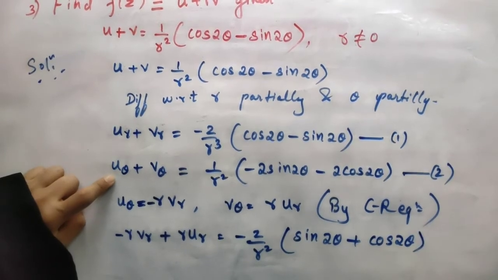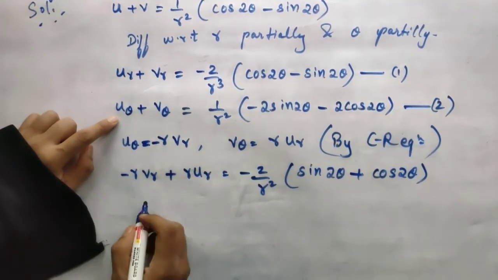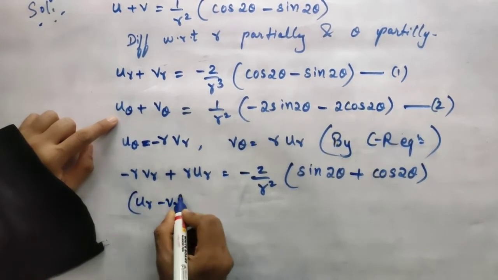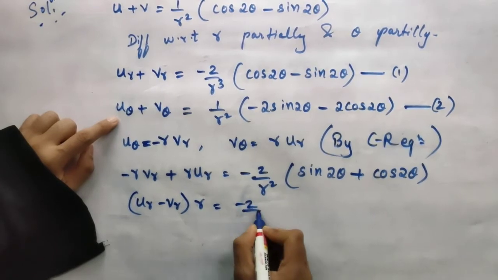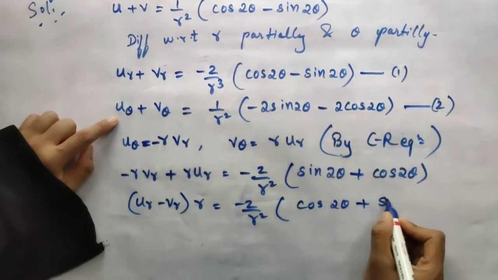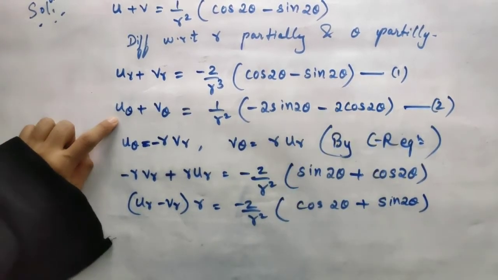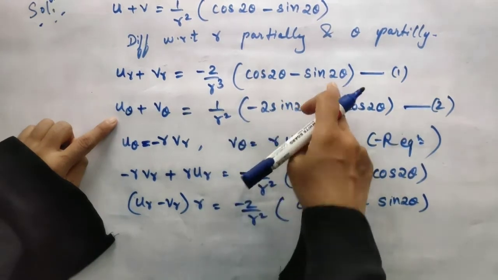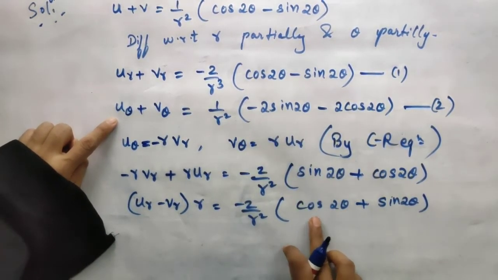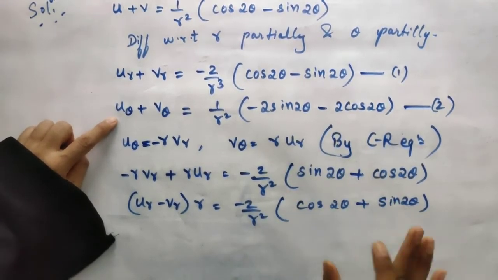Now I can take r common from the left hand side and rewrite this equation as u_r minus v_r into r is equal to minus 2 by r square times cos 2 theta plus sine 2 theta. Why am I interchanging it? Just to match it with equation 1, nothing else, because you have cos 2 theta minus sine 2 theta, cos 2 theta plus sine 2 theta. You can also write it in the same order, just to match it will be easier for you.